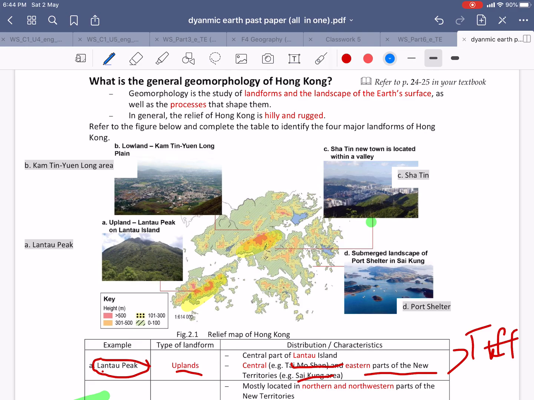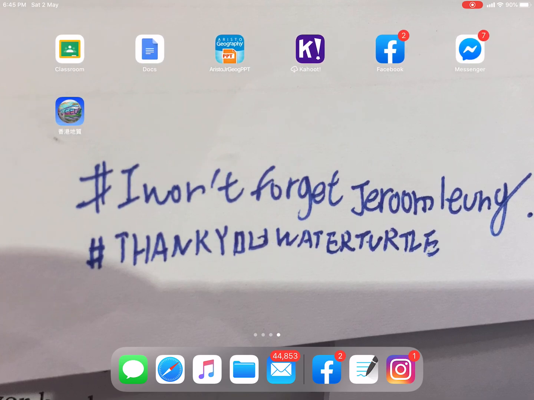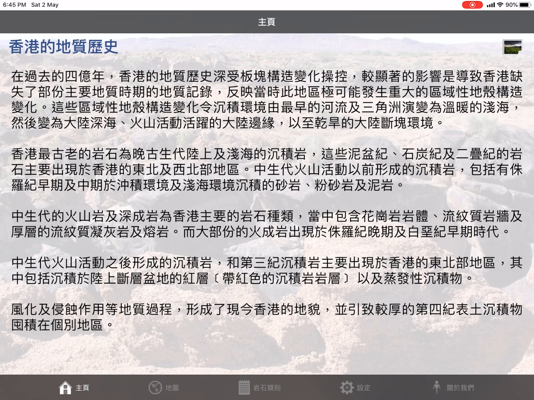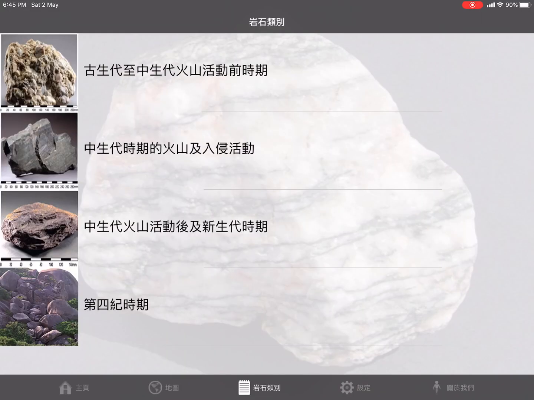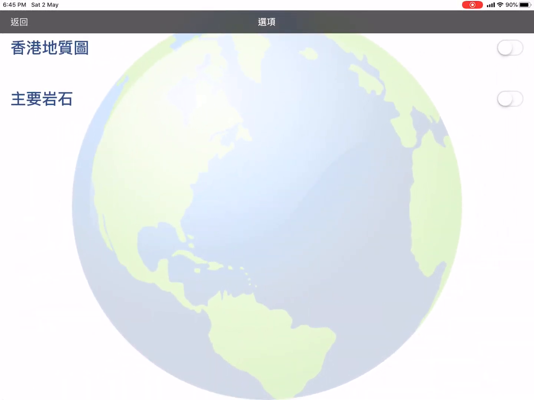But let's go to the general distribution of the different rock types in Hong Kong. I would like to show you another app which I have introduced to you already in the lesson, but just a reminder again. If you really want to have a look at the distribution of different rocks, you can refer to here.